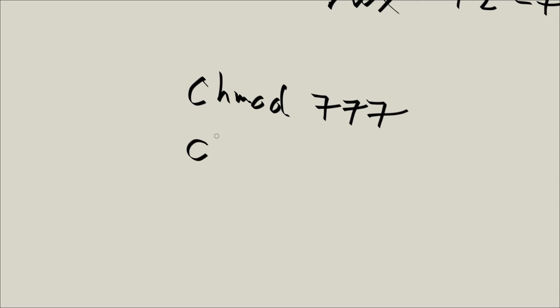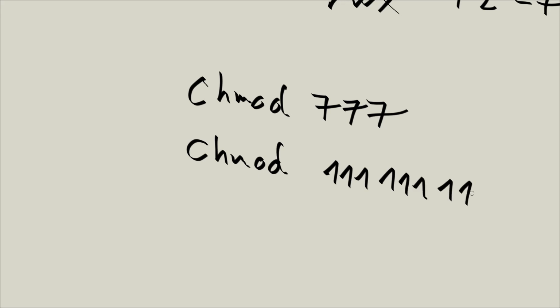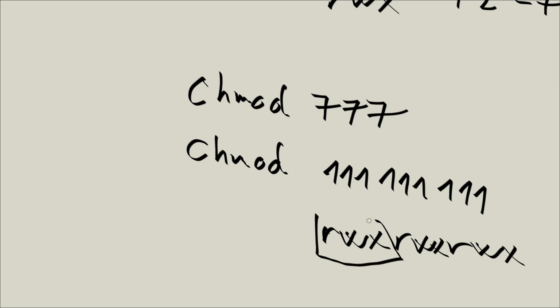So we can think of some intermediary step as the following: chmod 111, 111, and then 111. And basically, this would set our permissions to read, write, execute, read, write, execute, and read, write, execute. And what that would mean is that the user could read, write, and execute.